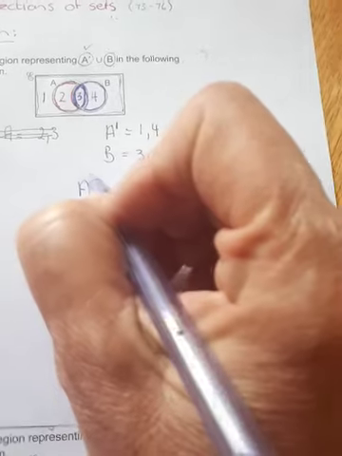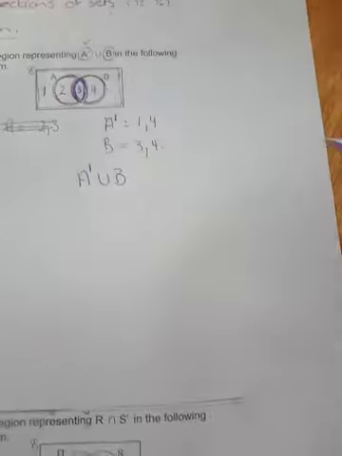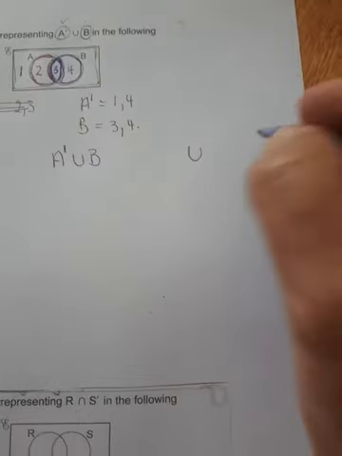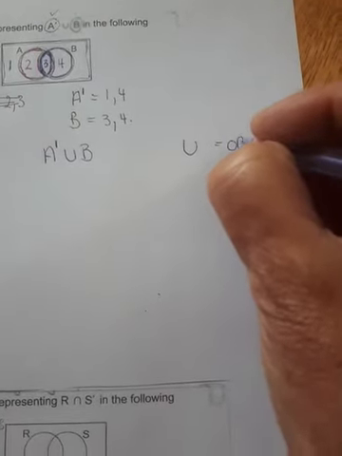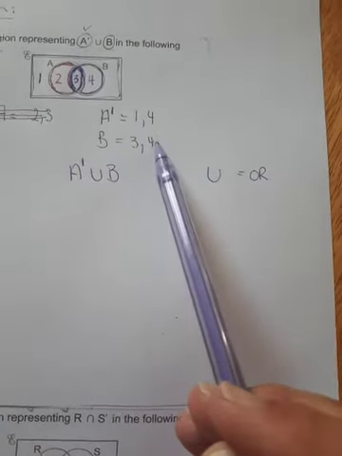You must shade A complement union B. Now remember, union really means or. So it is everything in 1, 4 or 3, 4.